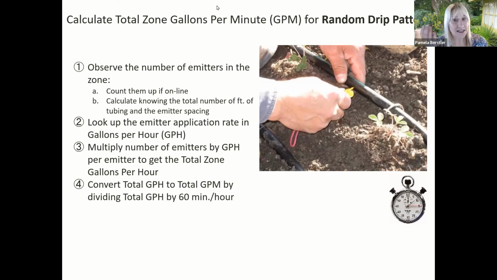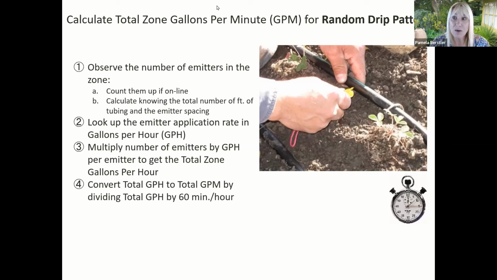And so that tells you how many gallons per hour each of those emitters is emitting. To figure out the total gallons per hour for the zone, you take your number of emitters, multiply it by that application rate, and that's going to tell you the total gallons per hour for the zone. So remember, drip irrigation is almost always in gallons per hour.